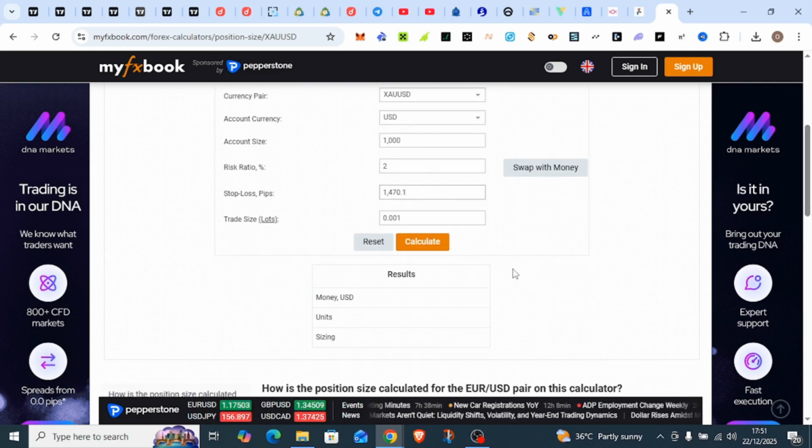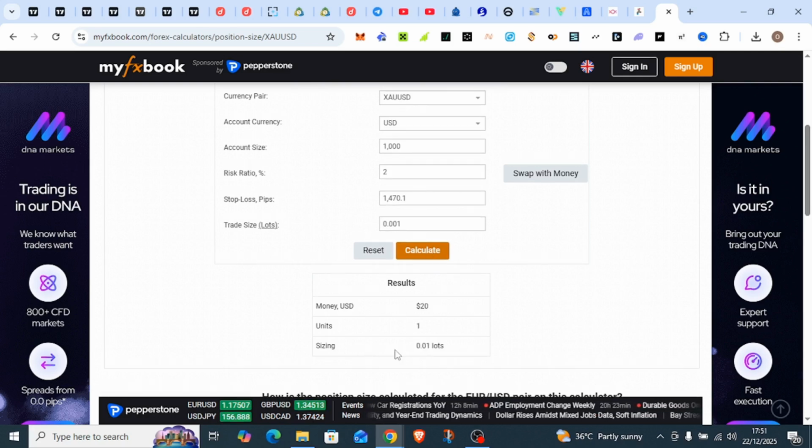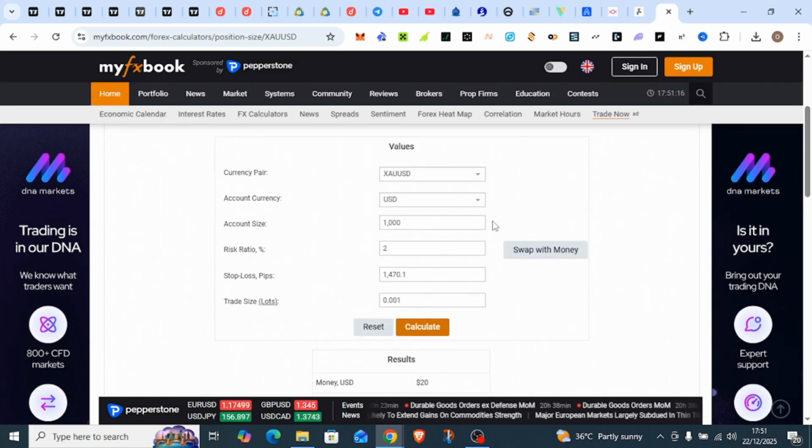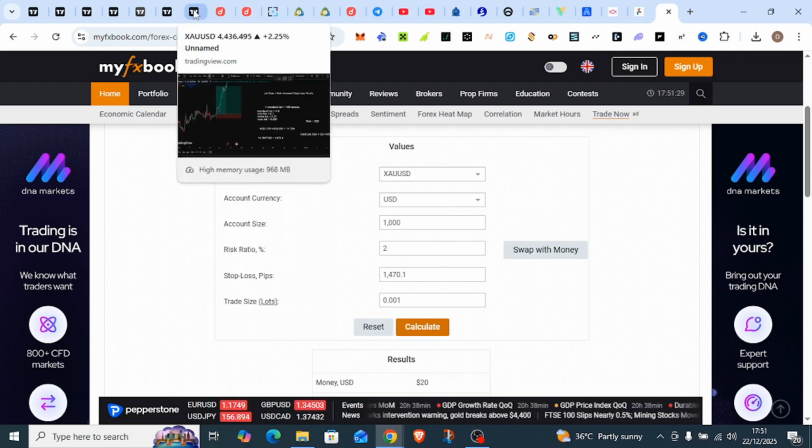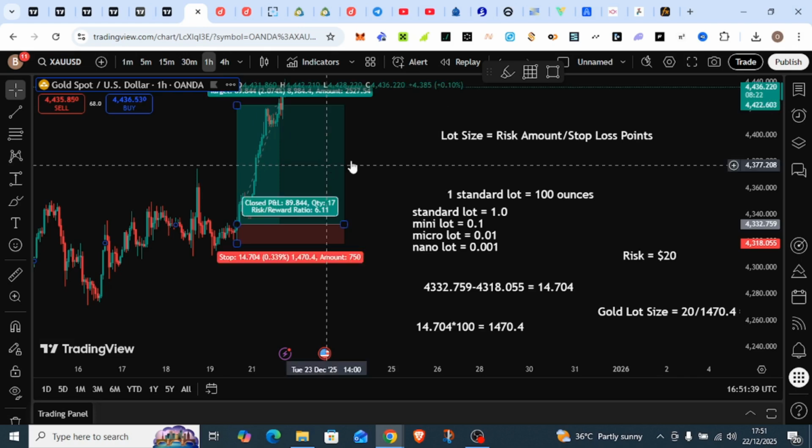So click calculate after inputting all the required details. Click calculate. You have 0.01 lots. So this is it. Let's go back to the chart. And this is XAUUSD. The currency is USD. So this is how you use the calculator to calculate it.